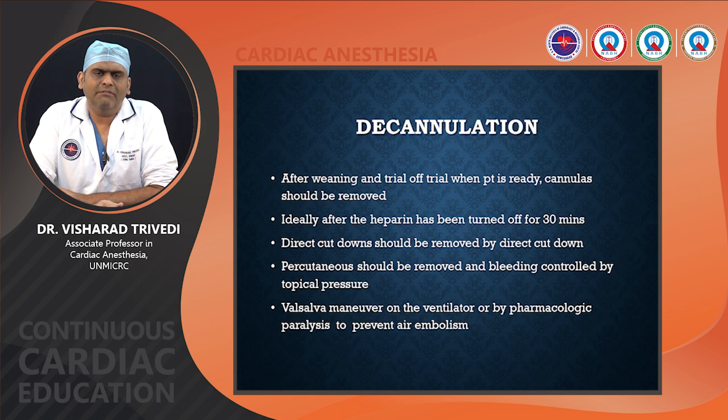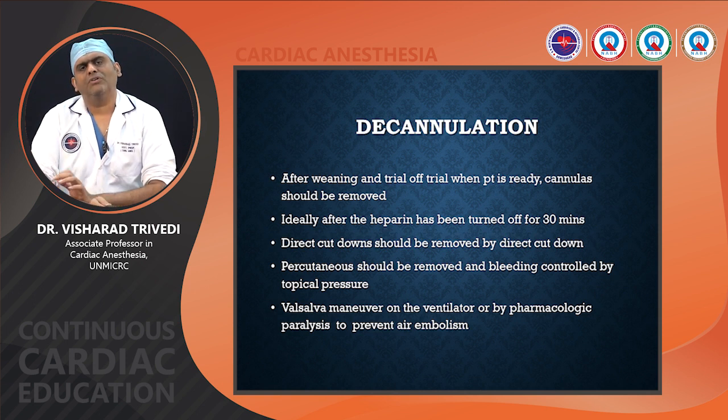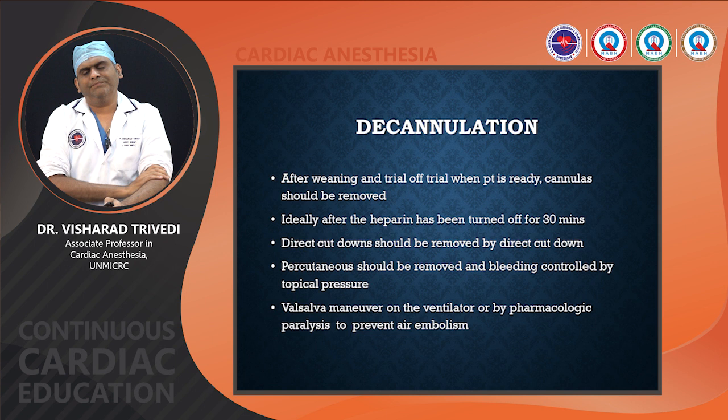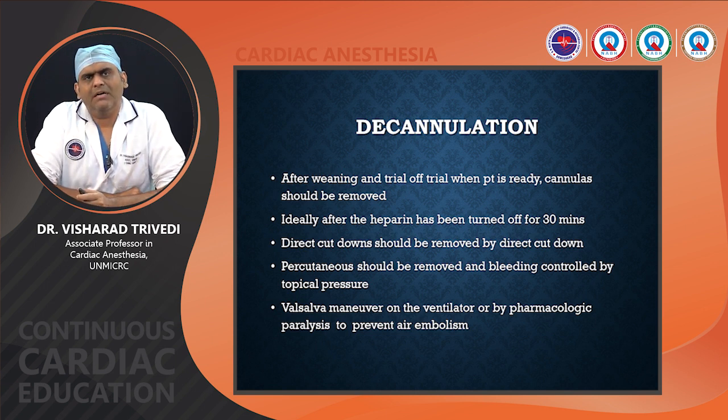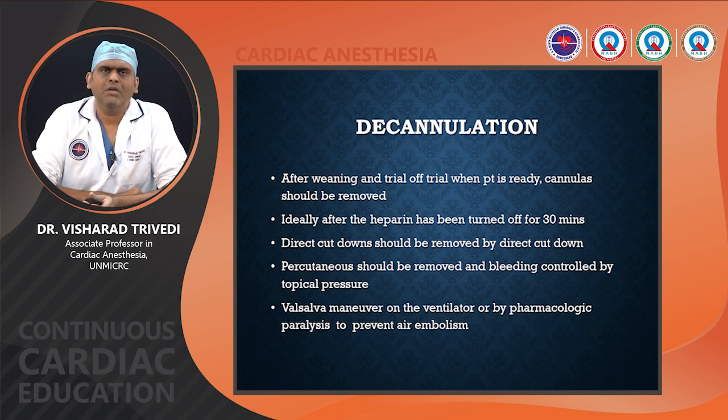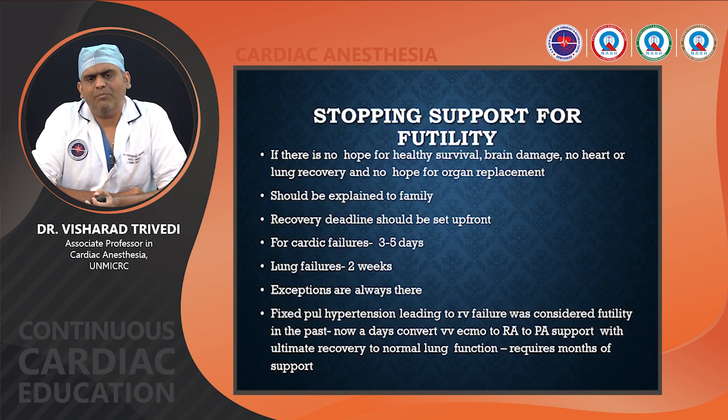A Valsalva maneuver, on the ventilator or by the patient himself if extubated, should be used to prevent any kind of venous air embolism. Once there is decannulation, you should keep the patient on normal ventilatory support, or if the patient is extubated, give a minimal amount of FiO2.